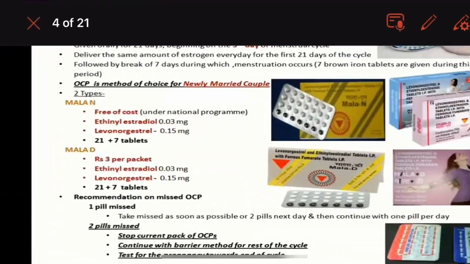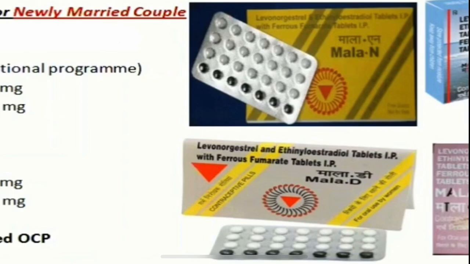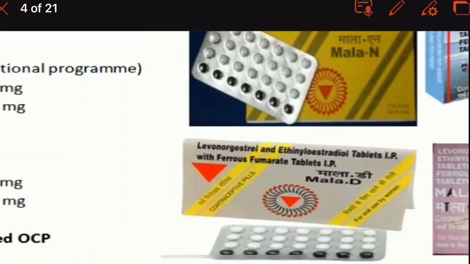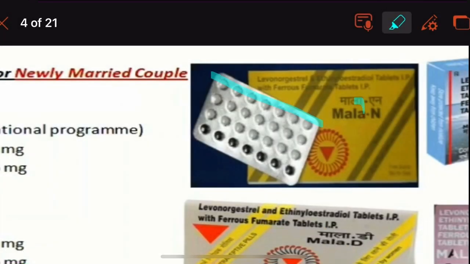Let us look into the picture here. The combined pills contain 21 plus 7 pills. These 21 pills are given orally for consecutive days. We can see here, one row contains 7 tablets.